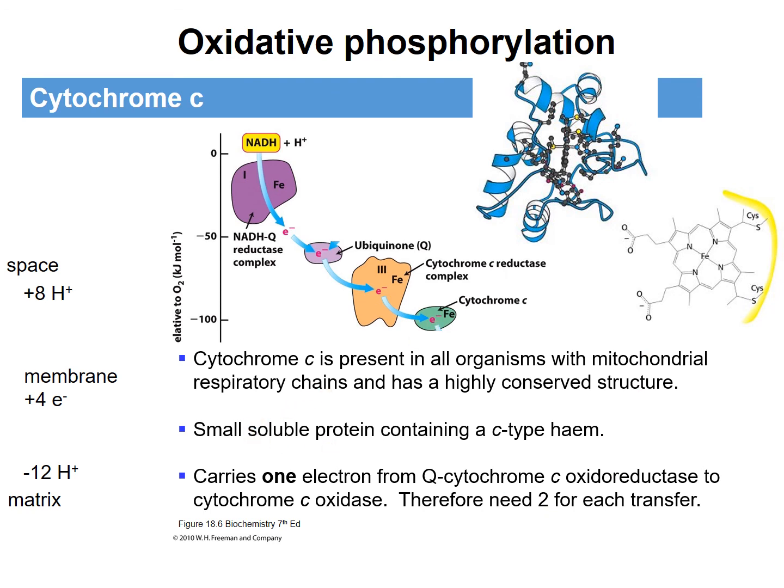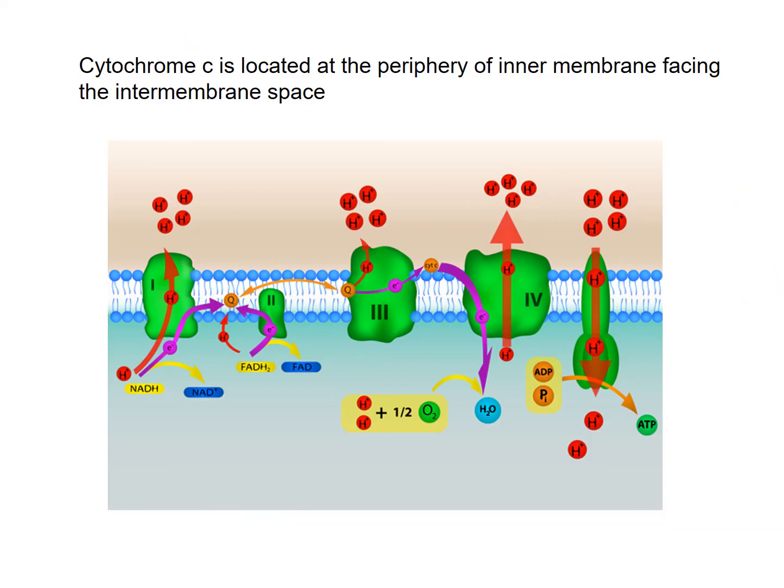So do you think it could be a transmembrane protein that is embedded within the lipid bilayer? Well, the answer is no, because if cytochrome C is soluble, it must be hydrophilic, and as a result, it is located at the periphery of the inner membrane, on top of the surface of the lipid bilayer, rather than embedded within the structure of the lipid bilayer.